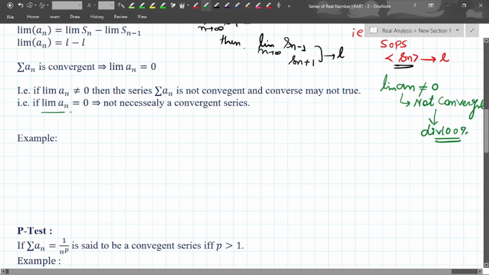But if it is equal to 0, then I will proceed to a test of series, and then I will use that test. Then I can say it is eligible, that it is convergent or not convergent.